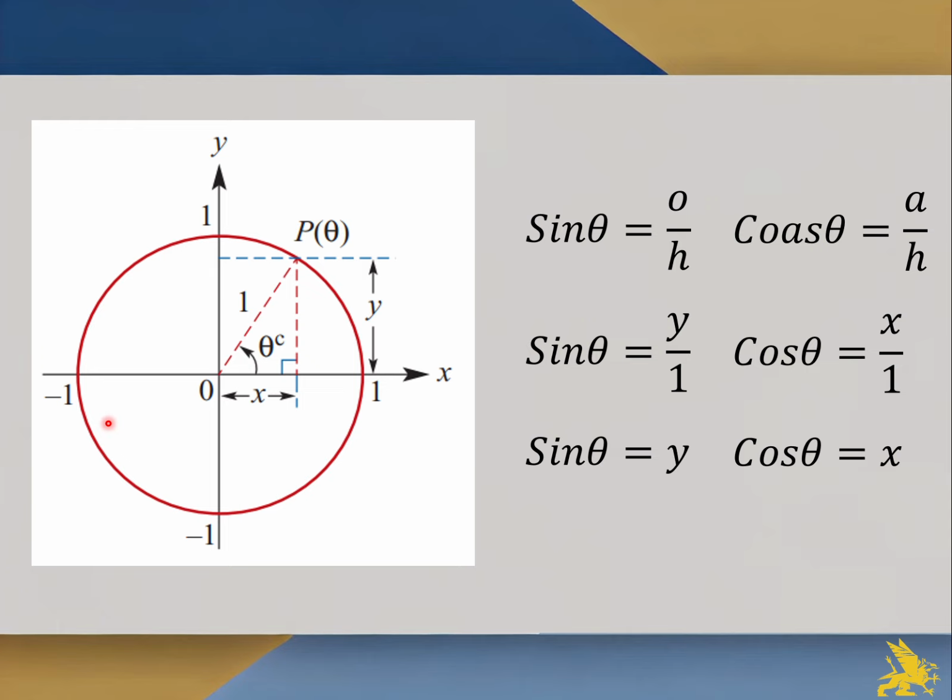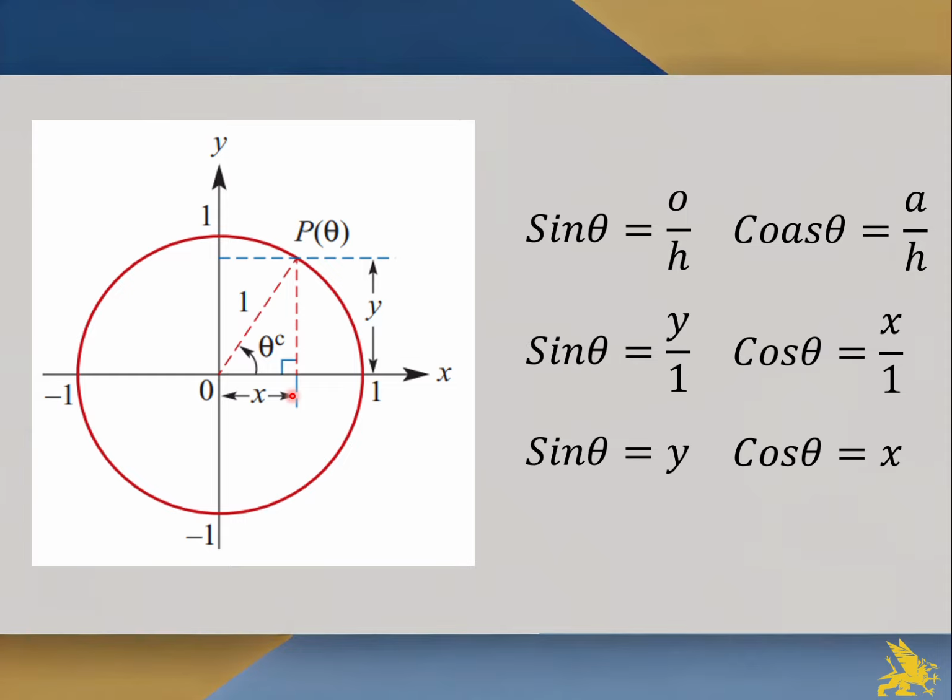So whenever we are thinking about a unit circle, we really need to be understanding it in terms of our y value. And the y value we always focus on is sine, because our sine is opposite over hypotenuse. And if our hypotenuse is 1, it's our y value, which is what we've got here. So our sine will always be our y for our y point, and our cosine is adjacent over hypotenuse.